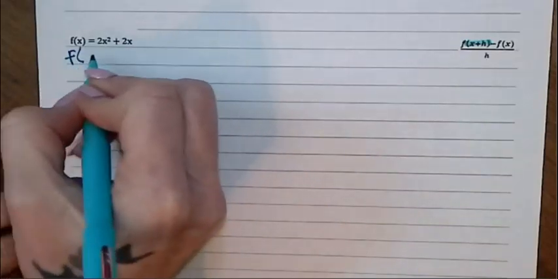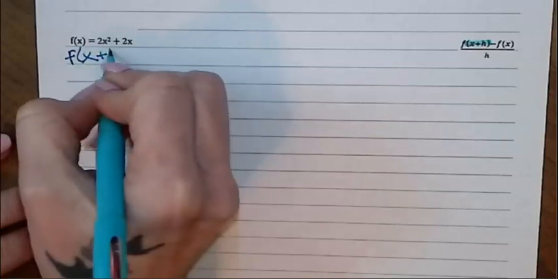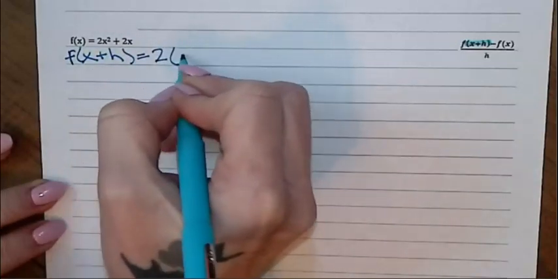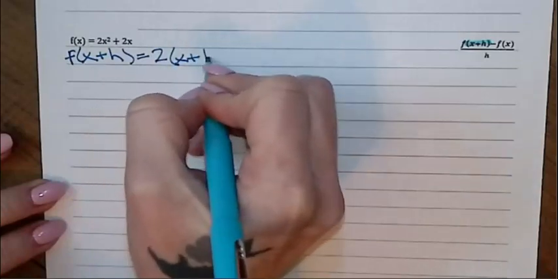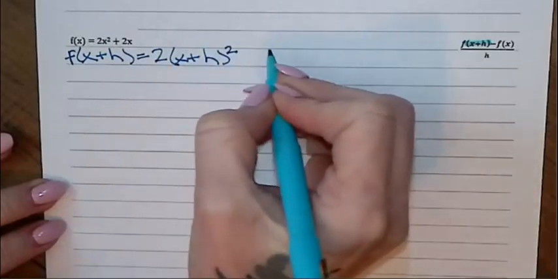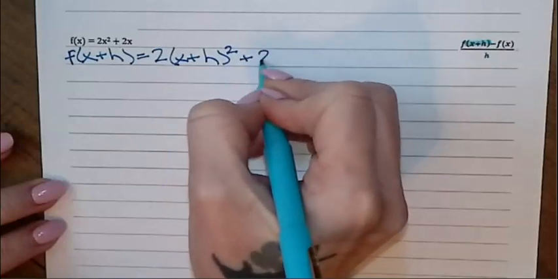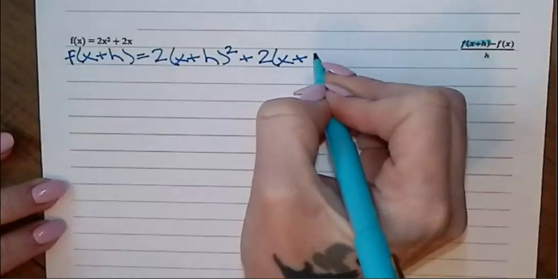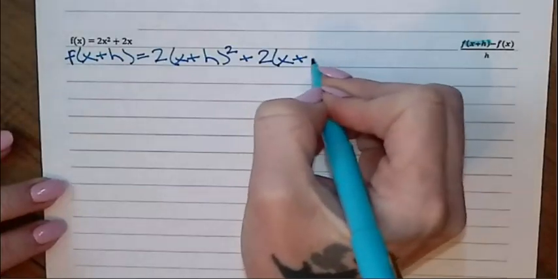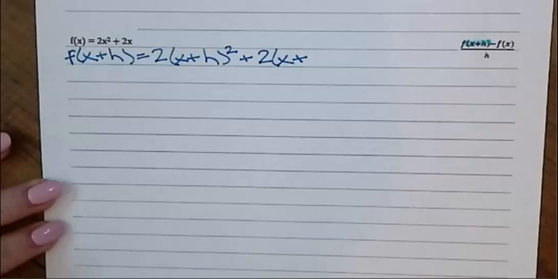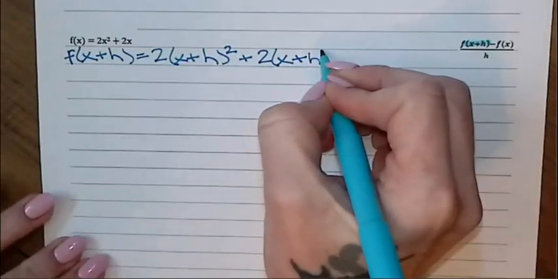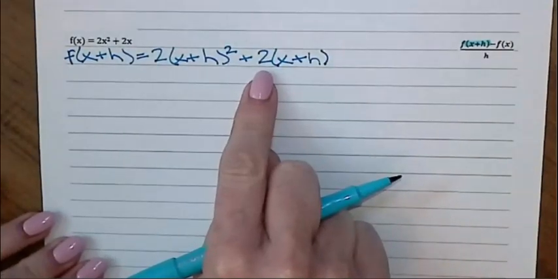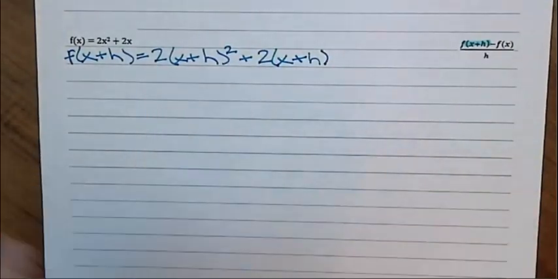F of x plus h is going to be 2 times x plus h squared plus 2 times x plus h. We have an h here. So this whole thing is going to be our f of x plus h.